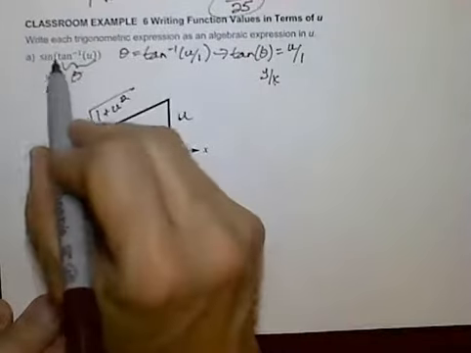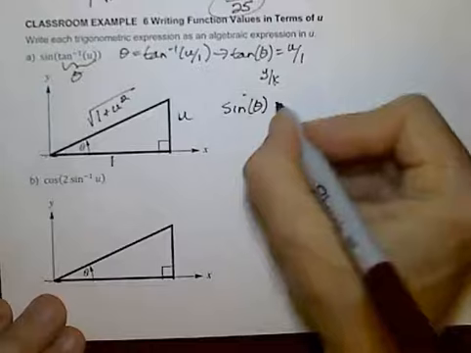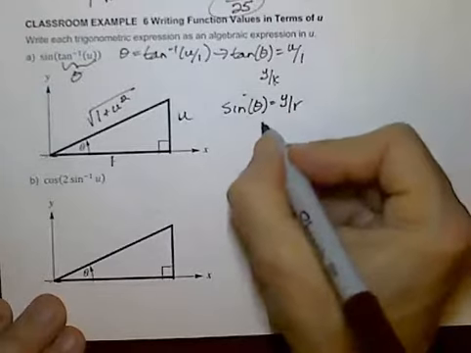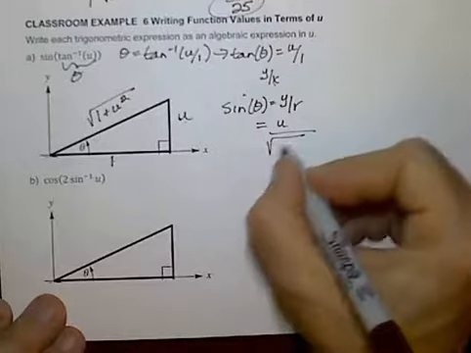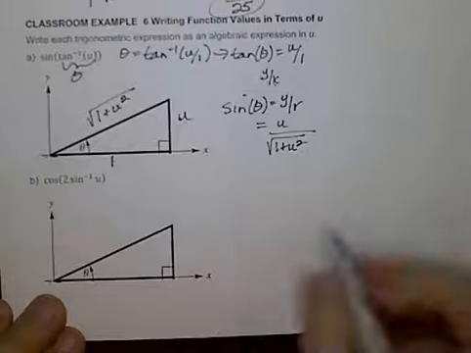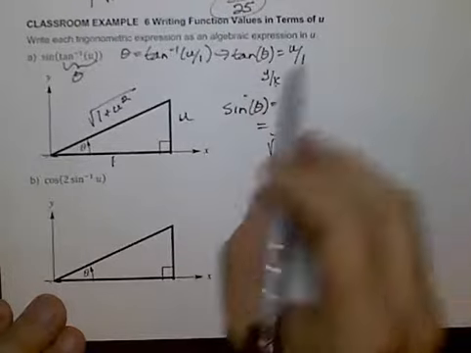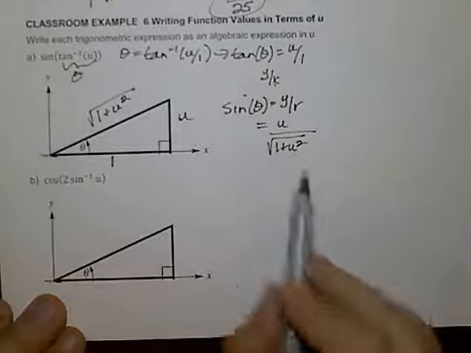Here's our theta. Now what we're trying to do is find the sine of theta. That's y over r. So that would be u over the square root of 1 plus u squared. And that's all that this was asking for, was for this value in terms of u.